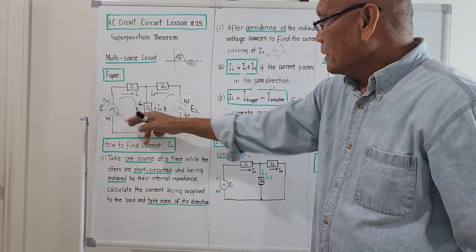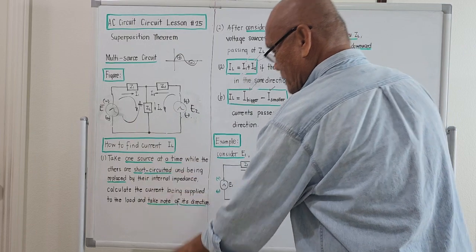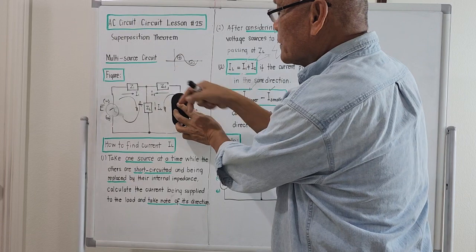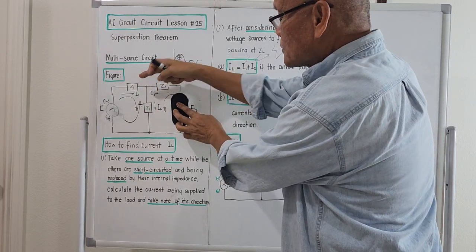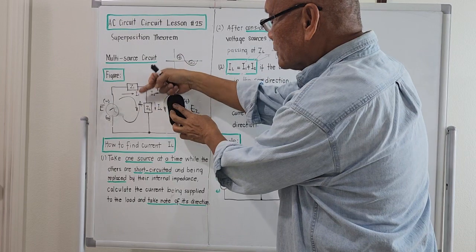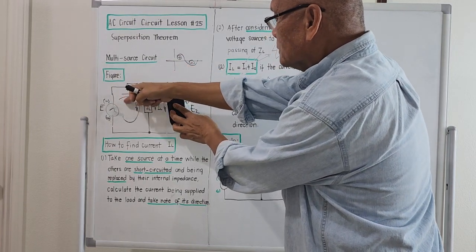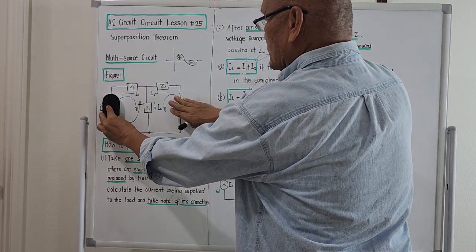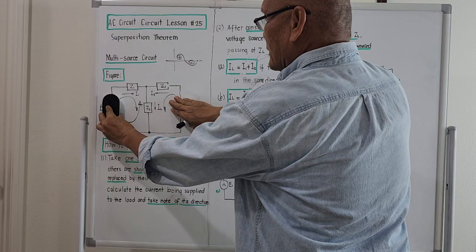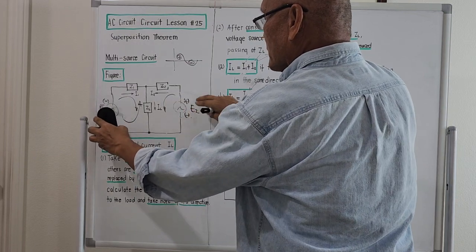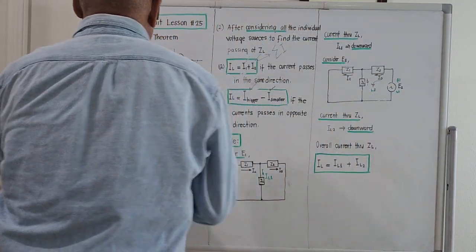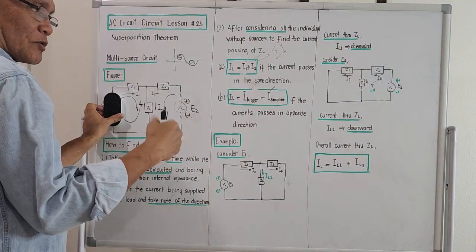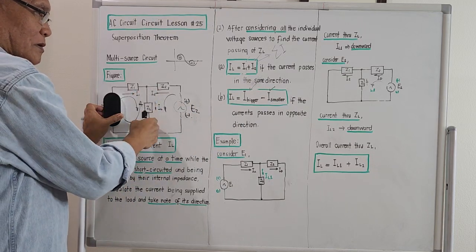Because if you consider E1, of course, you short E2. So what's coming out should be a series parallel combination. So using your knowledge of series parallel combination, you could compute for the current passing through ZL due to E1. And again, if you consider E2, this will be a series parallel connection. Using your knowledge of Ohm's law, you could compute for the current passing through this.